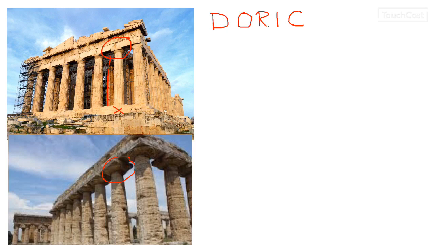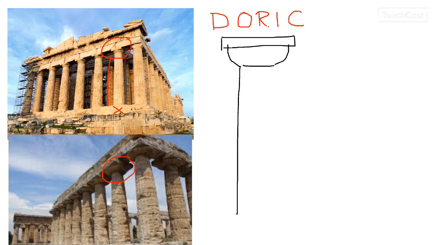So let's try drawing a Doric column. This will be the easiest column to draw. So if you want to start with the capital, that's probably the easiest part. Some of them have that little square at the top that connects to the roof, and then we just have a curve going down, and then we have the shaft that goes all the way to the bottom.